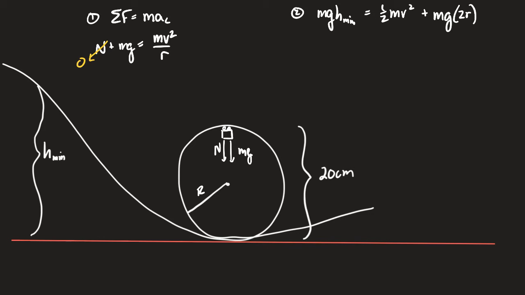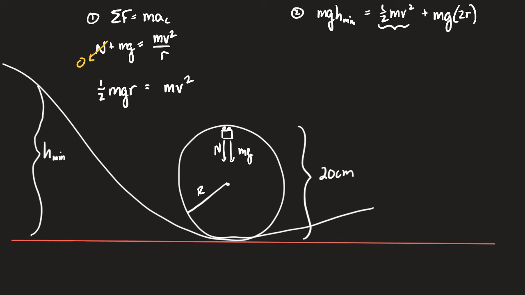For example, on the left side, I'm going to write this as mgr equals mv squared. I've just multiplied both sides by r. Any problem with that? All right. So I'm going to go one step further because I want it to look like 1/2 mv squared.